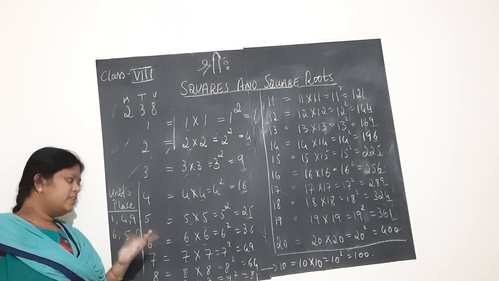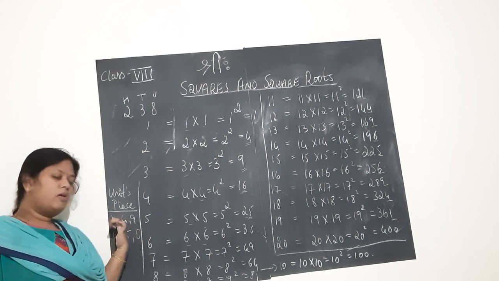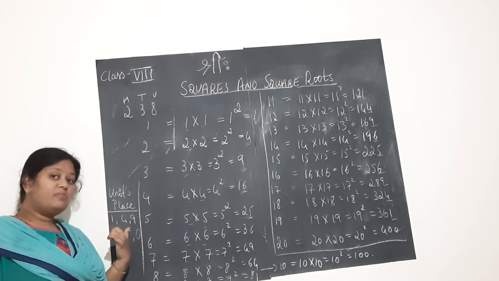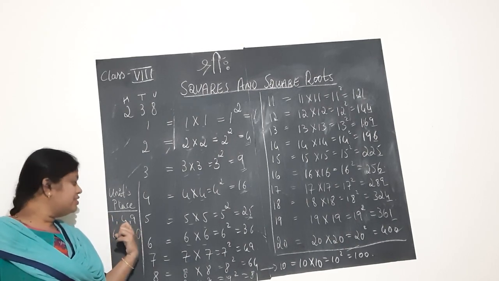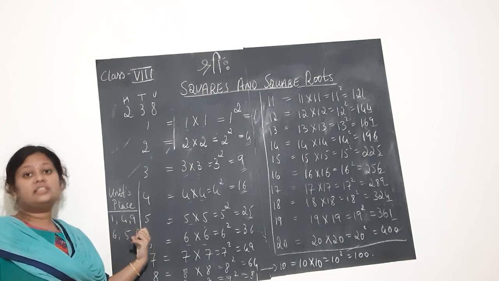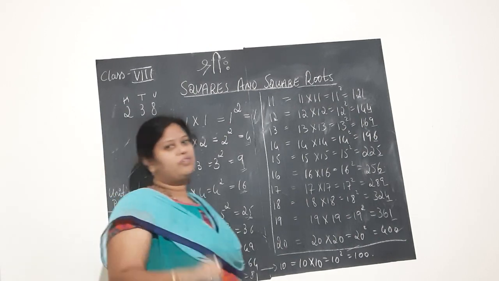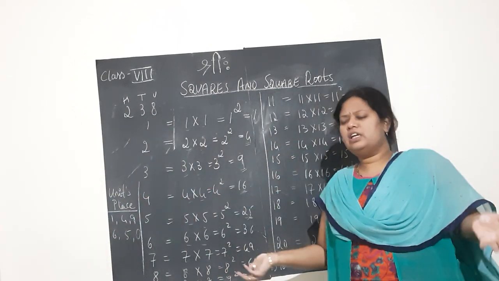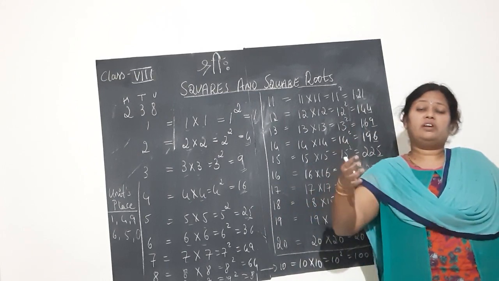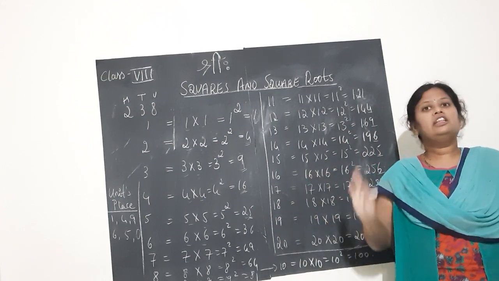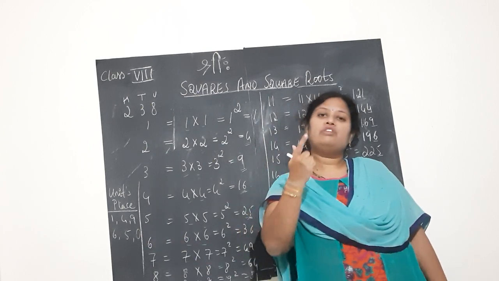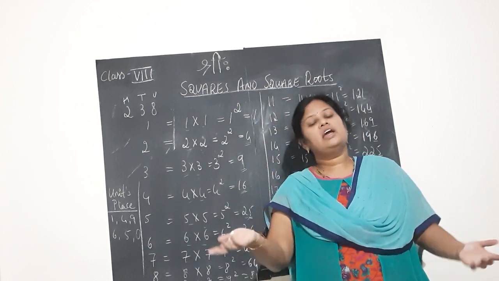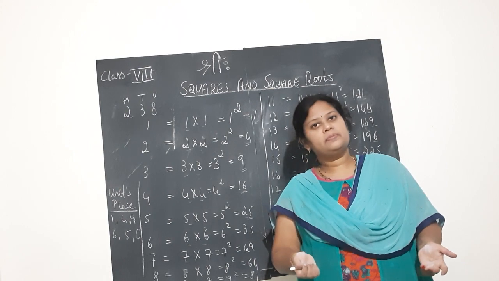Can we say in general, if at all any number is ending with 0, 1, 4, 5, 6 and 9 in the units place, then such numbers are perfect squares? It may be the square of anything. It may be the square of 1723 also, don't worry. In the end, if we have 0, 1, 4, 5, 6, 9 in the units place, can we say that number is a perfect square?